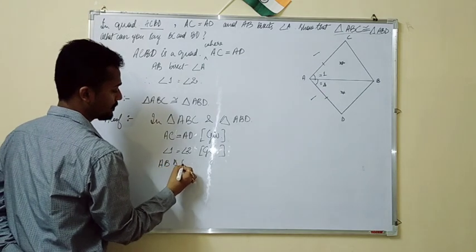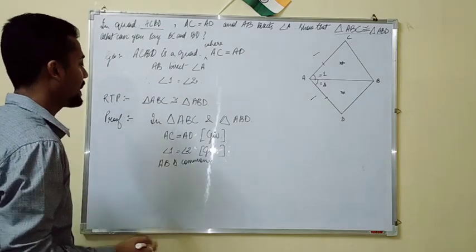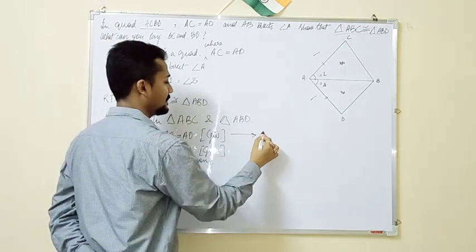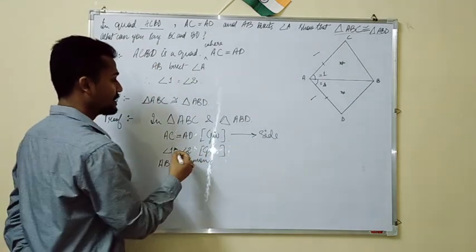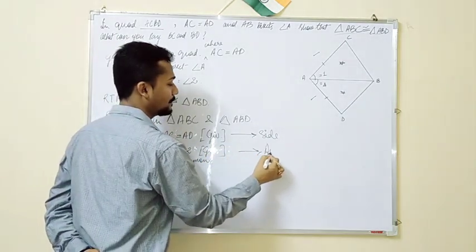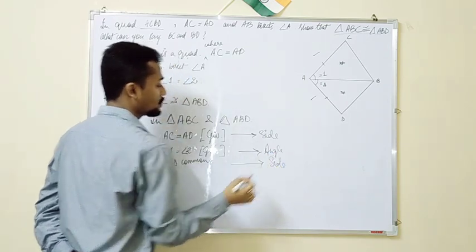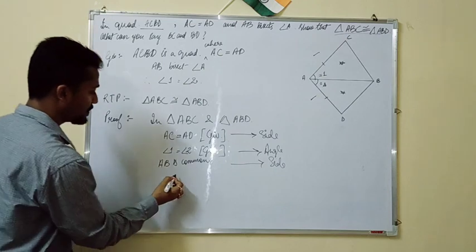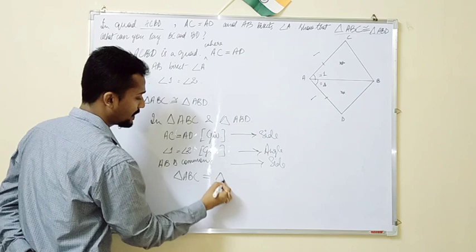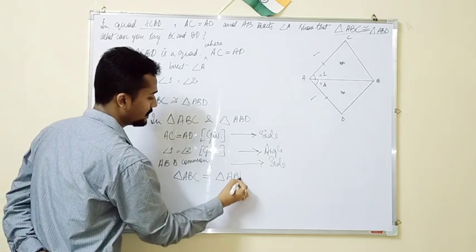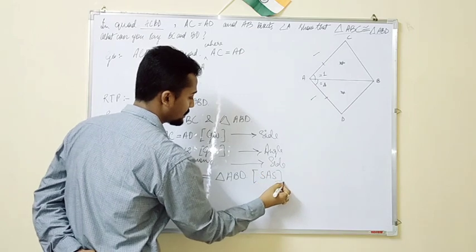So by side, angle, side, we can prove that triangle ABC is congruent to triangle ABD, SAS criteria. Don't write the words side, angle, side; just for the sake of understanding I am writing them.